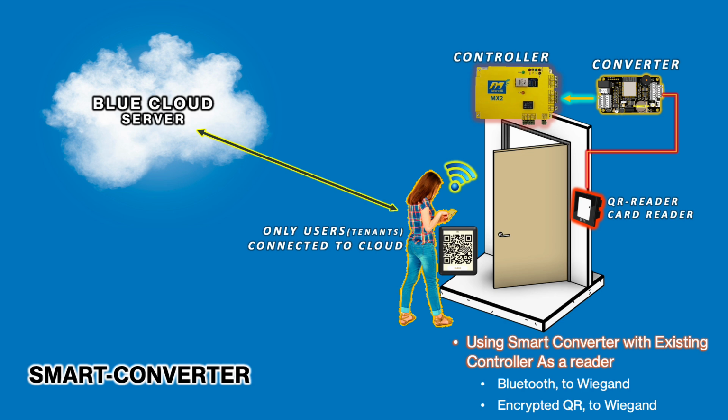Just imagine you have an existing customer who says they want to go for Bluetooth. You can just add our converter to that. If they say they're going to use QR for additional accessibilities, or they want to set up visitor access, then you just add the converter to the existing controller.